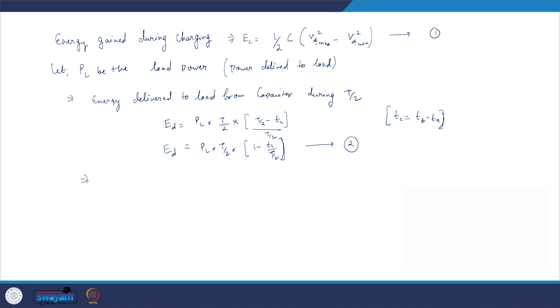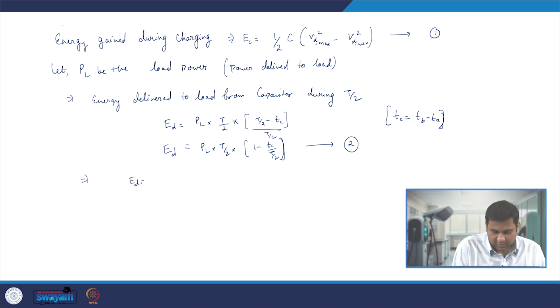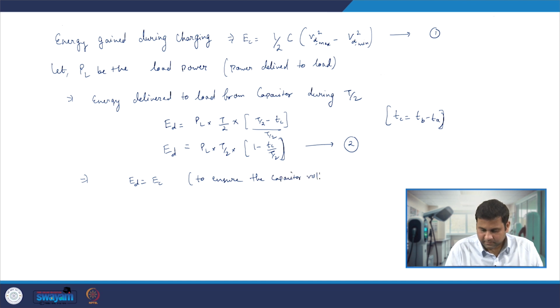Thus, in order to maintain the voltage between VD max and VD min, we need to make sure EC is equal to ED, to ensure the capacitor voltage is between VD max and VD min.